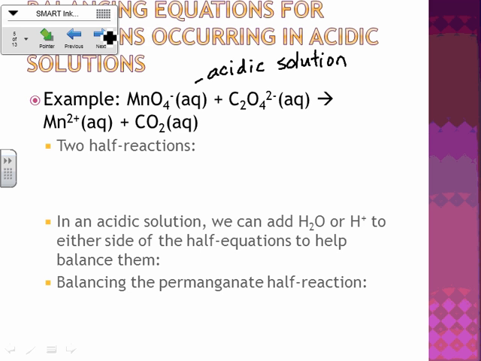Maybe the Mn, because the manganese is probably the thing changing oxidation number here, or one of the things. Now, we're just guessing at this point, and we'll find the oxidation numbers of all of these to verify that. But I'm just trying to show you sometimes you can take a little bit of a shortcut here. And then probably the carbon is the other thing changing oxidation number.